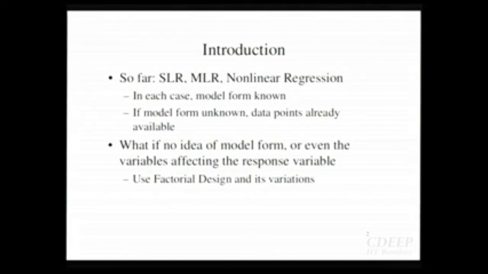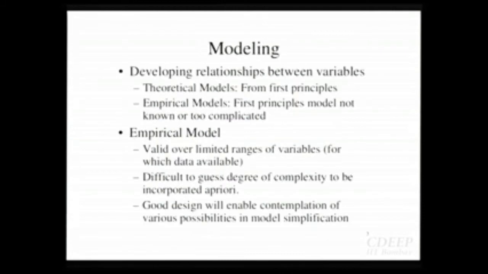What are those variables which I should include in the model? I have no idea. In this case, we want to use something called factorial design and its variations. The idea is we want to generate data in the first place. We want to decide how to do the experiments to generate data based on which we will fit models later on. Some of which you already know, so probably I will skip over this.